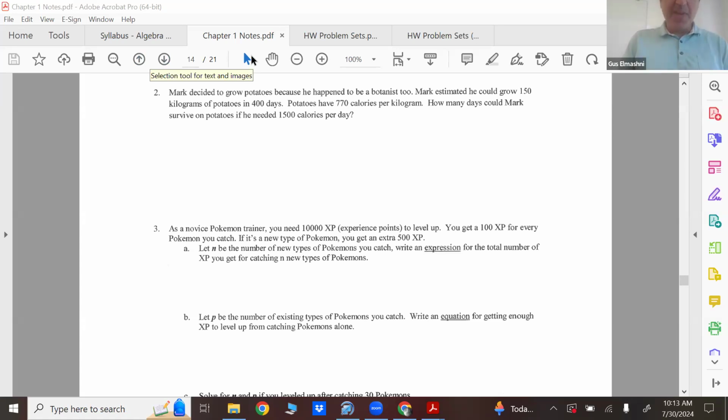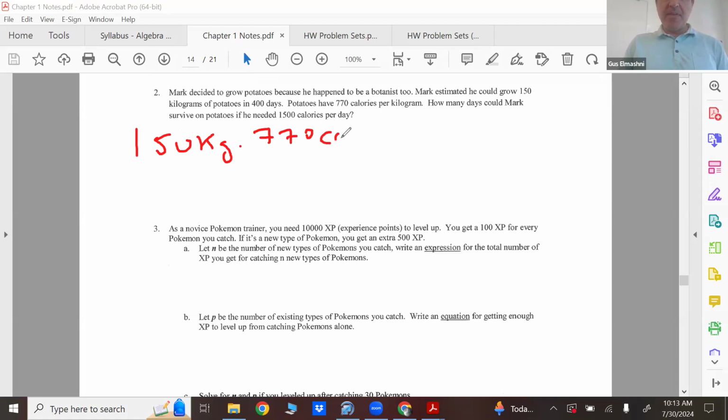150 kilograms. Okay. So trying to think of how I'd write an equation for this. I think I would just work out the math. 150 kilograms, right? Times 770 calories per kilogram.